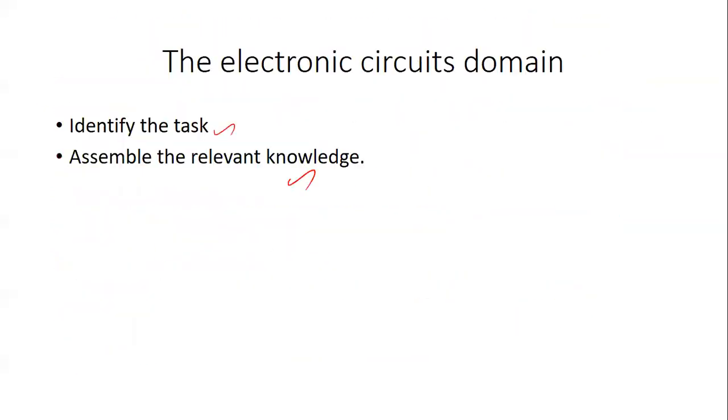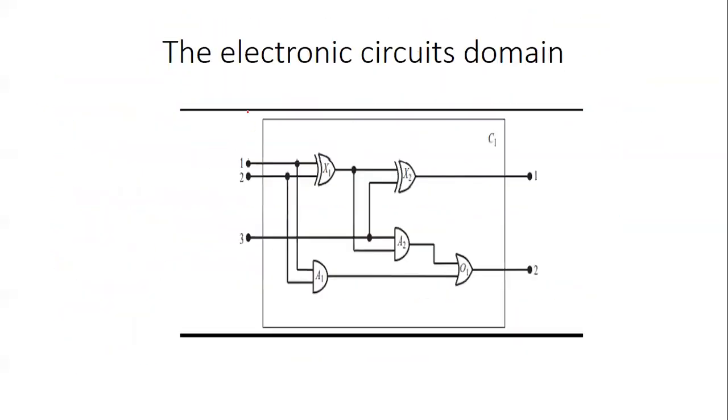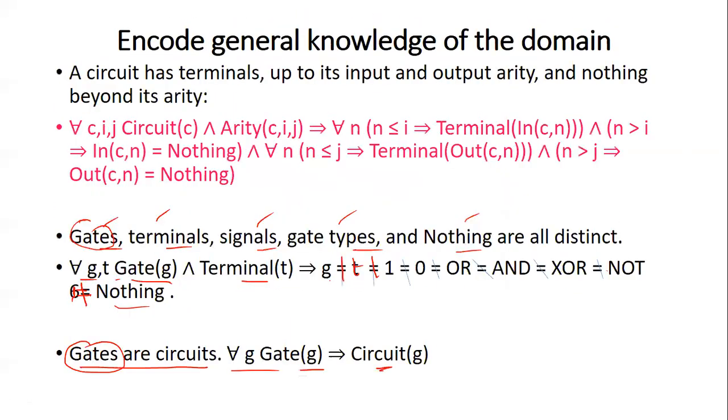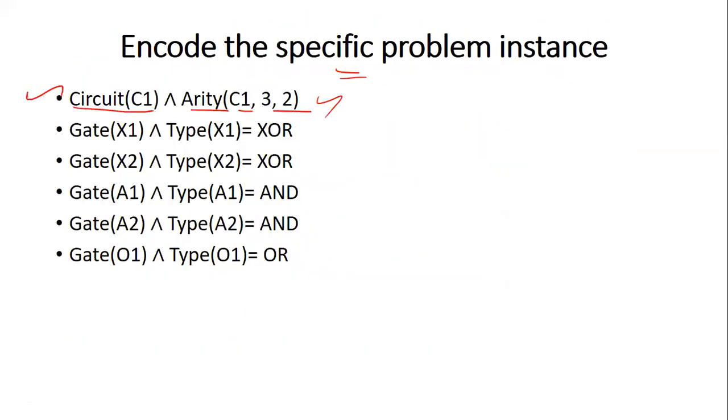By this we mean that we are going to represent this entire circuit, and this entire circuit is called C1. C1 contains 3 inputs and 2 outputs. So this is one specific piece of information about the circuit which we want to represent.